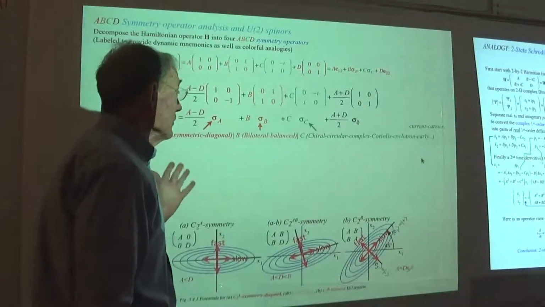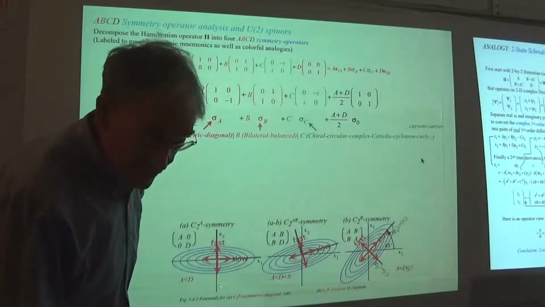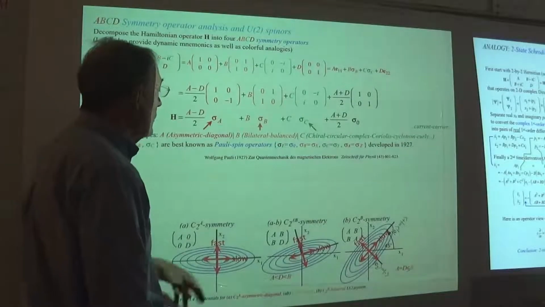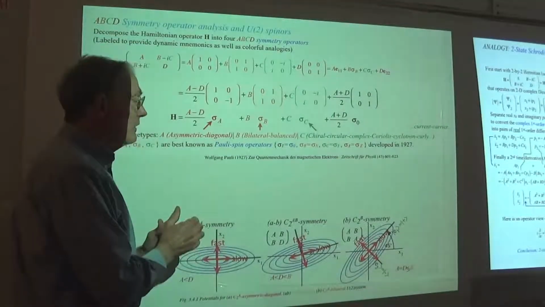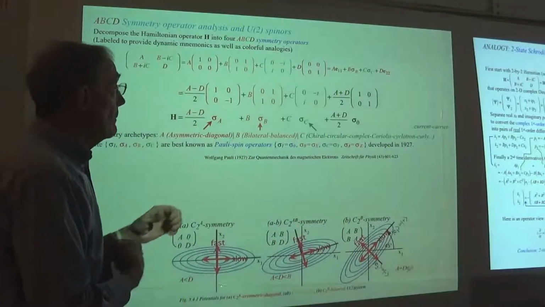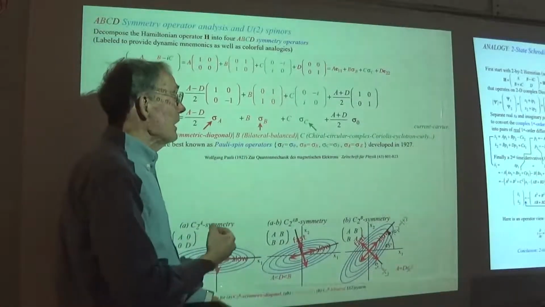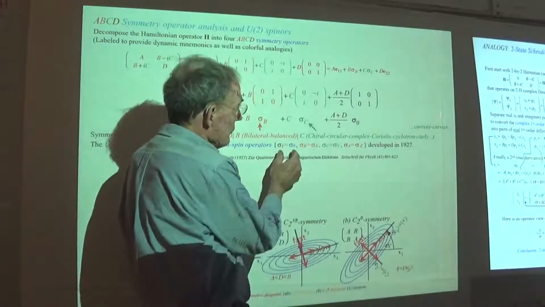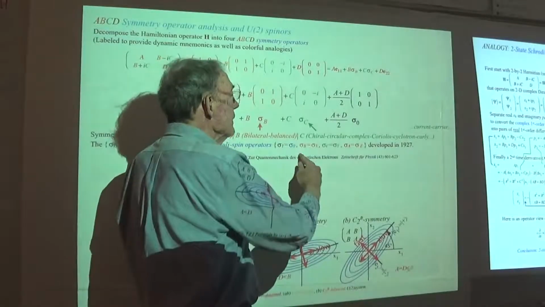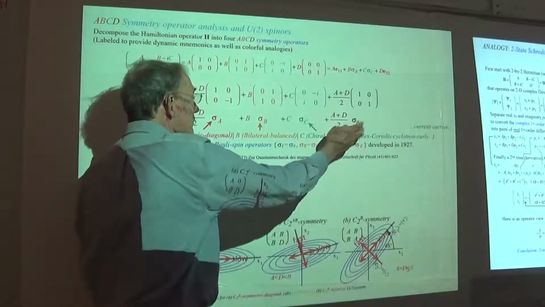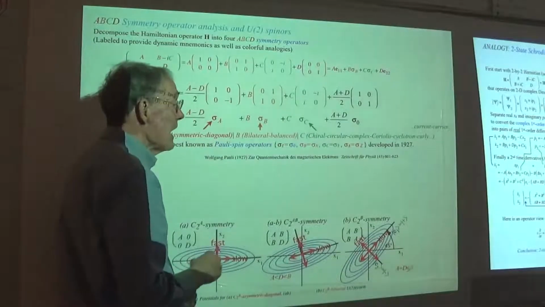Now, Pauli's names are very different from this, and so are Hamilton's. But we go to 1927 when these were first published by Wolfgang Pauli, and they were known as the Pauli spin operators. Sigma 1 was just a unit matrix, but then the other three are what we're really interested in here. The unit matrix is sitting right here, but these are the things that make things happen.